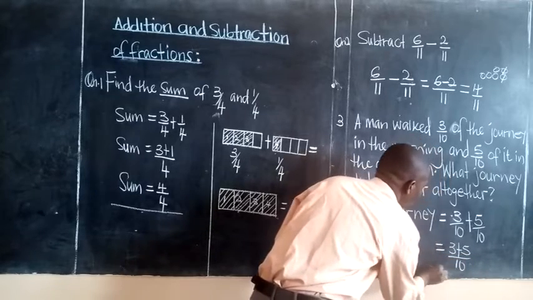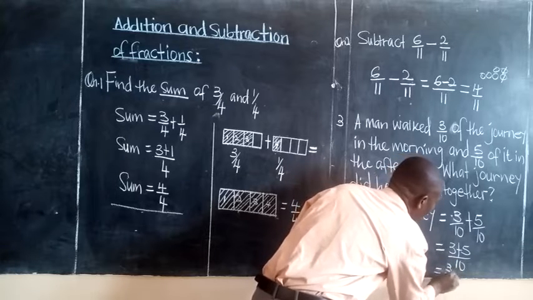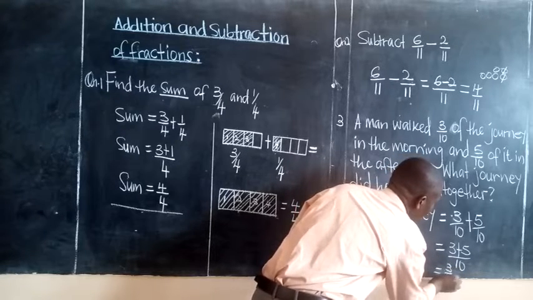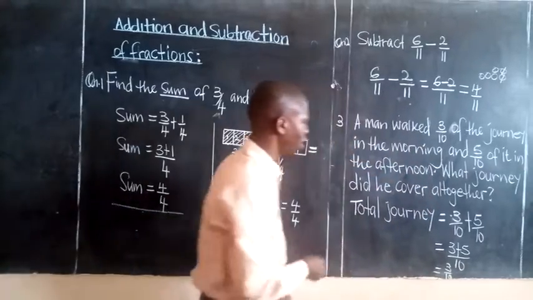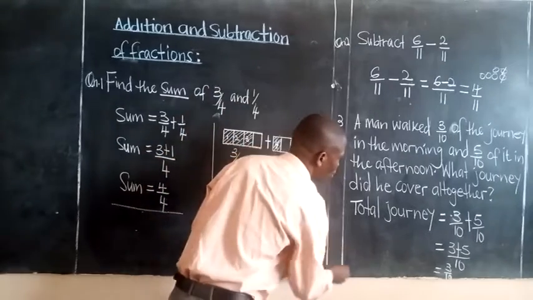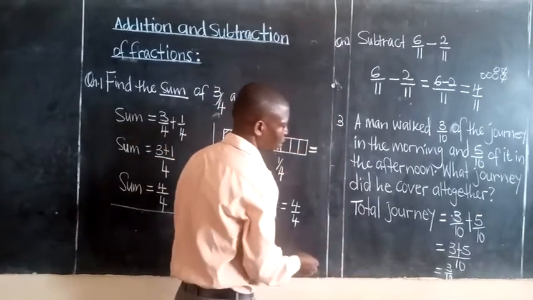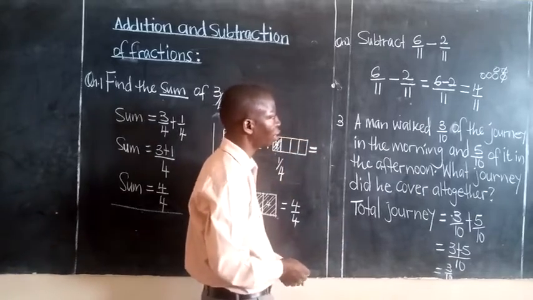And our answer now is going to be 3/10. I hope you will see that. So our answer is 3/10. That is the total journey.